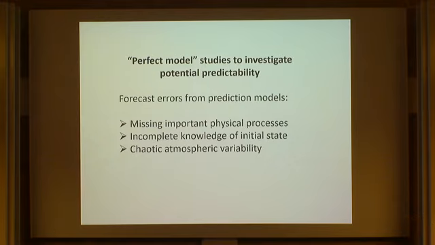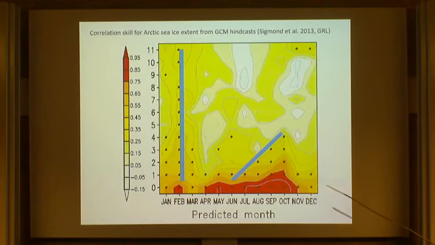One way to address whether there is at least some potential to make predictions is a so-called perfect model study, where we use a model simulation as our observation and run hindcasts to test whether we can predict the model world. From this study you can see a so-called correlation skill for Arctic sea ice extent for different months.